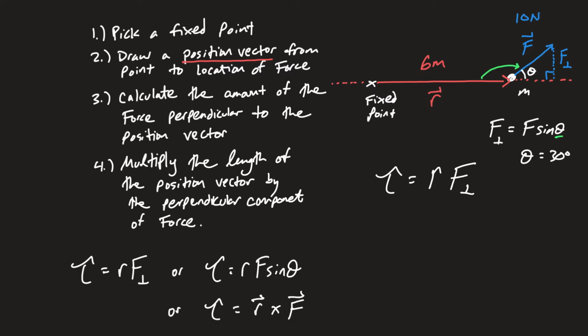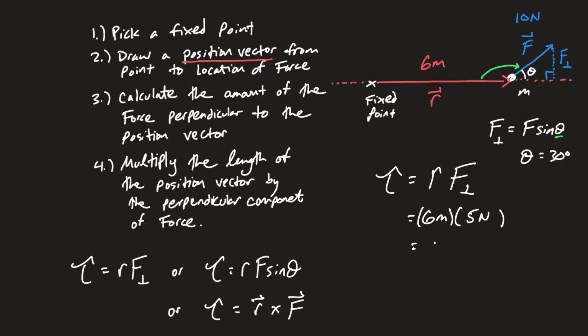Okay. Then what we would do here is plug in our 6 meters for R, and the perpendicular component of the force would be equal to 10 times the sine of 30. Sine of 30 is a half, so we get 5 newtons there.